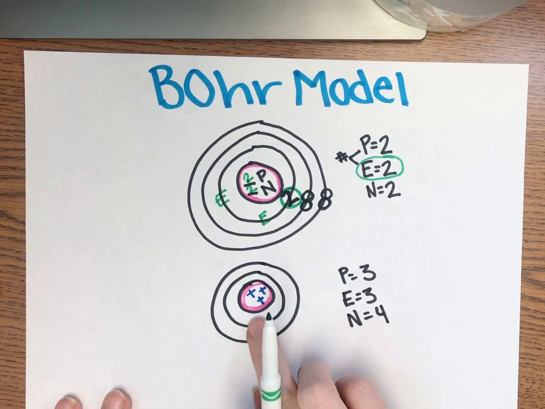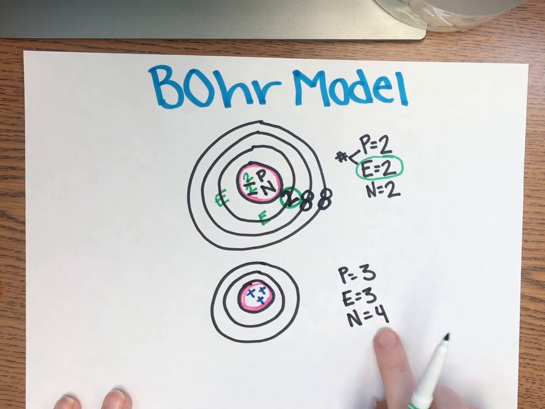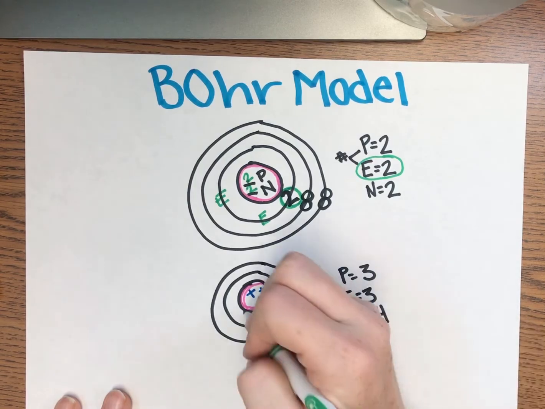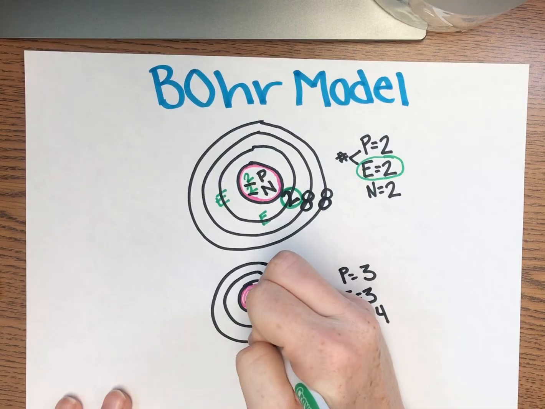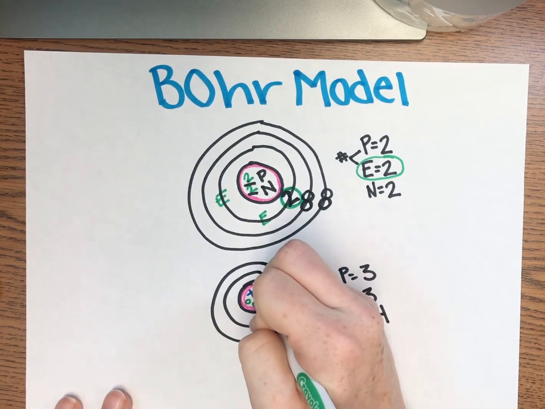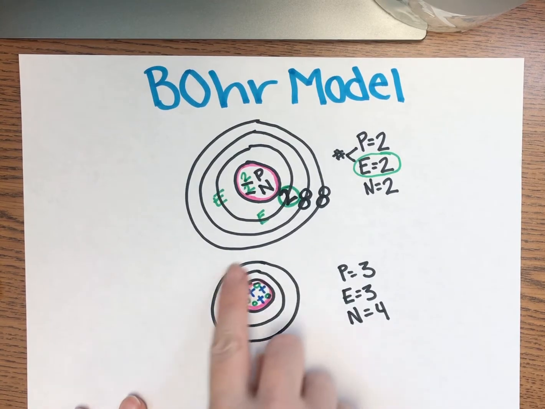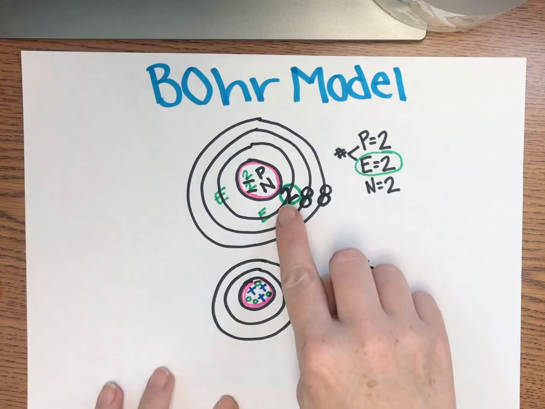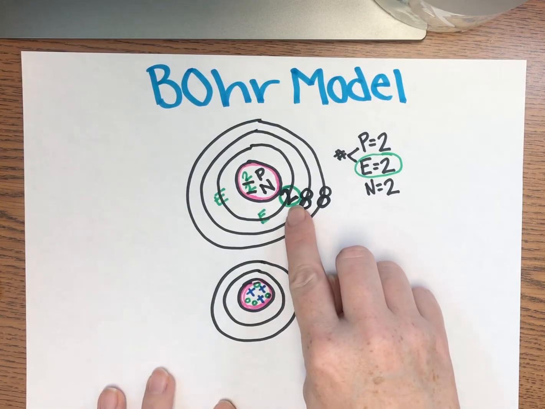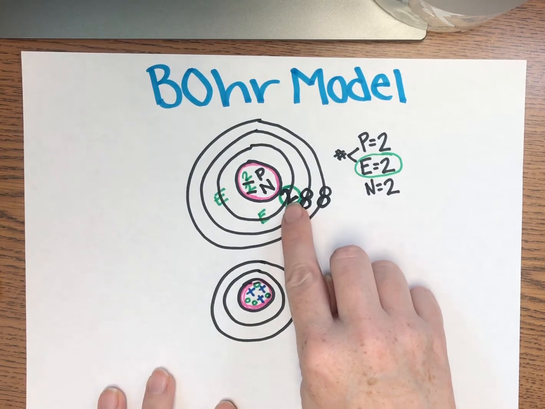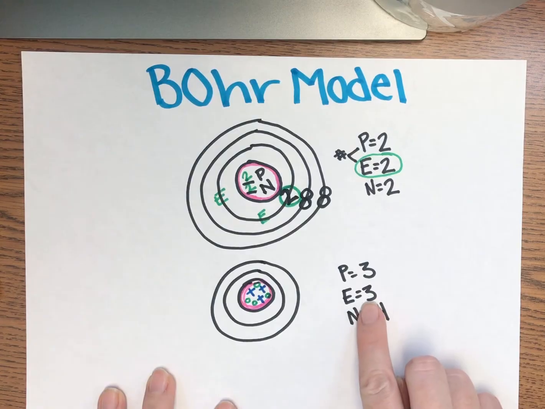In our nucleus, we also need to put our neutrons. And you can see here, we have 4 neutrons. To represent a neutron, we just do a 0, because neutrons have a 0 charge, or a neutral charge. Now, our electrons go on our outer rings into our electron cloud. Remember, our first electron ring can only hold 2 electrons, but we have 3.